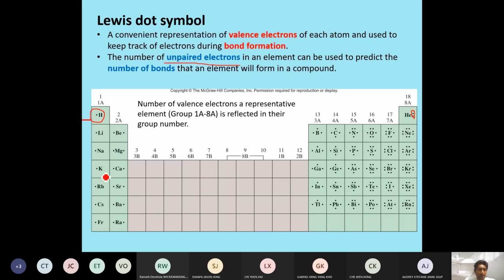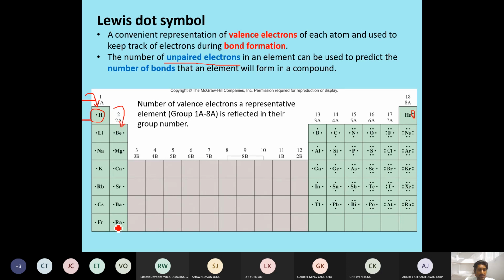Lithium, sodium, potassium, rubidium, cesium, francium, all of them have one electron each at the outer shell. This is the alkali metals, right? We know this one, and this is the alkaline earth metals: beryllium, magnesium, calcium, strontium, barium, and then radium.